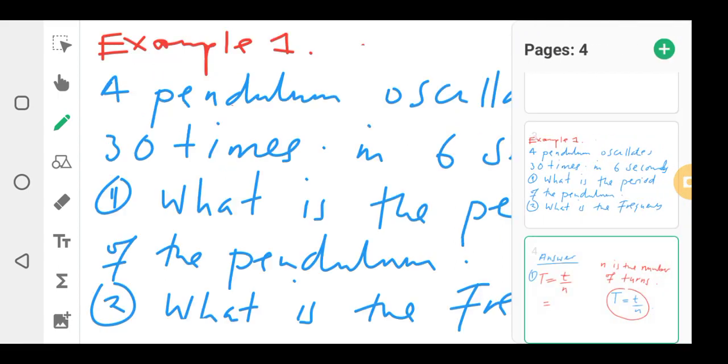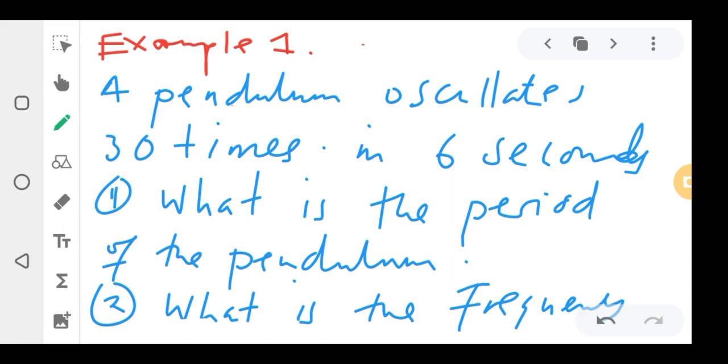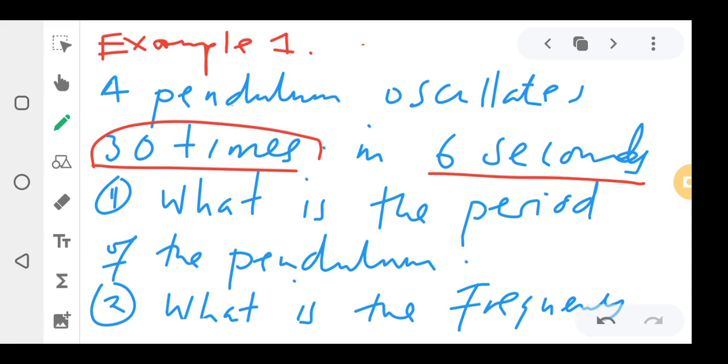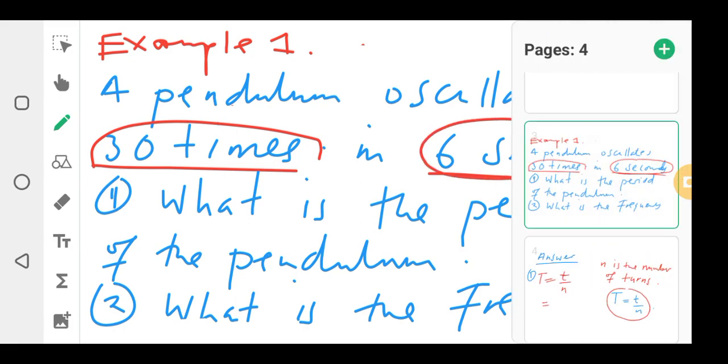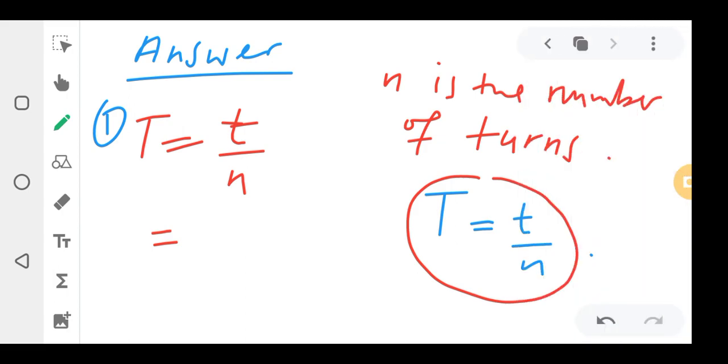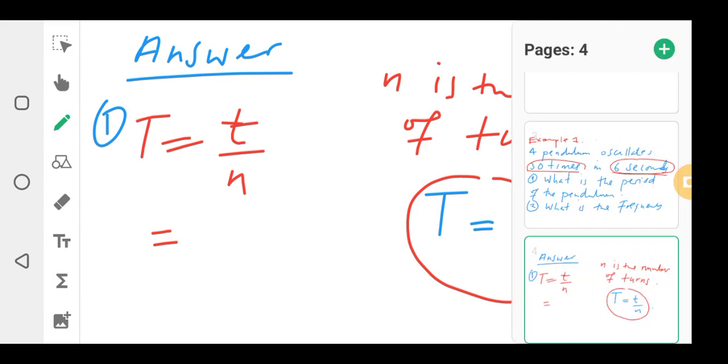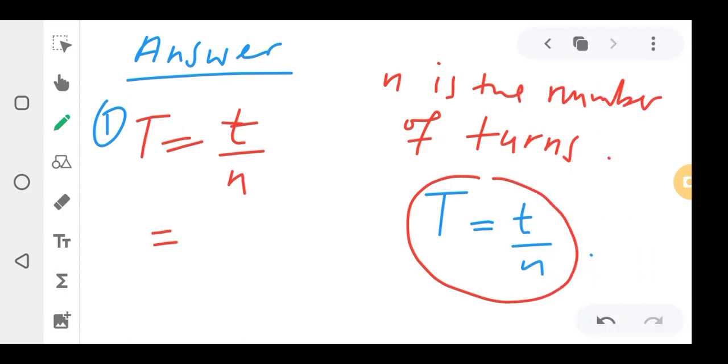So when you go back to the first question, what is the number of tens? The number of tens is 30. The time is 6 seconds. So on the tens we use 30, on the time we use 6 seconds. So we use 6 divided by 30.